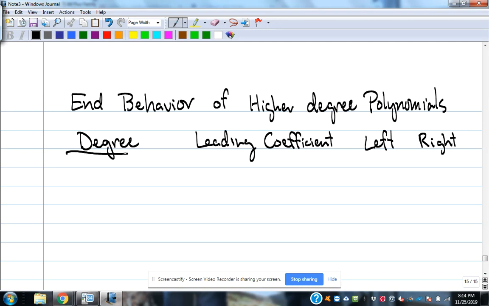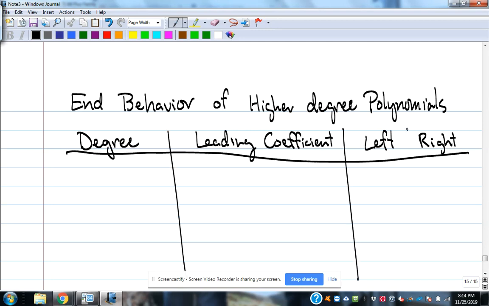So I'm making a little chart here. And this is how we're going to do this. And then we'll do a couple of examples. And so you need to know this chart, okay? So there's only two things to know in this chart. Either the degree is odd or the degree is even.